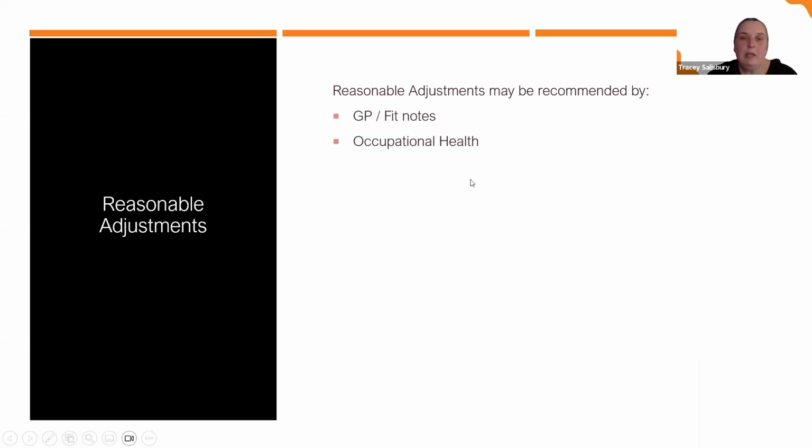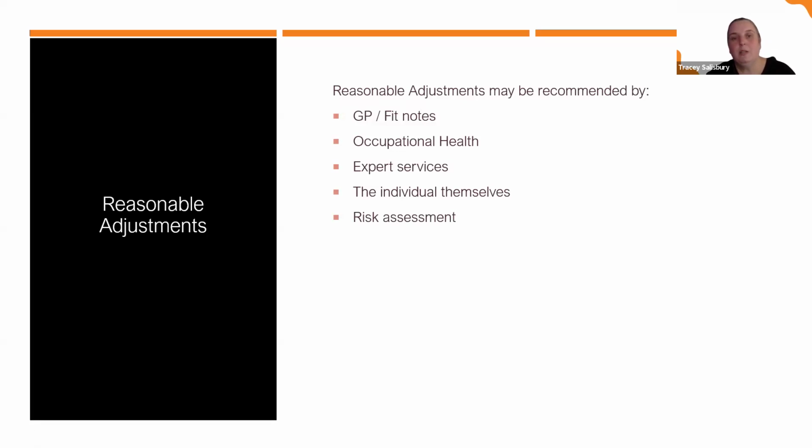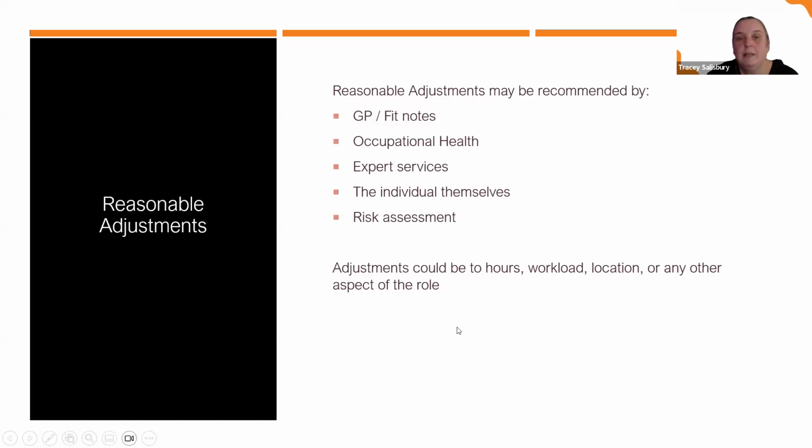They might come in through occupational health referrals, sometimes expert services, a consultant or a physio, and sometimes they'll come from the individual themselves, just telling you what they need. If you get any of these individuals who have got any kind of health needs at all, it's always good practice to do a risk assessment and look at what they need and what support is required.